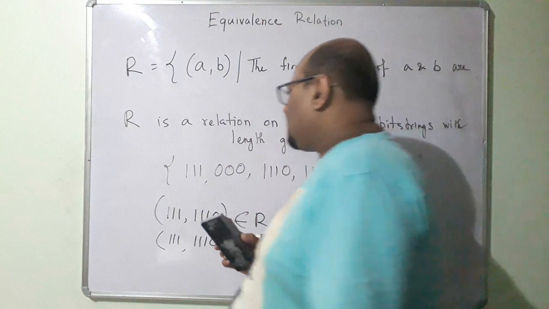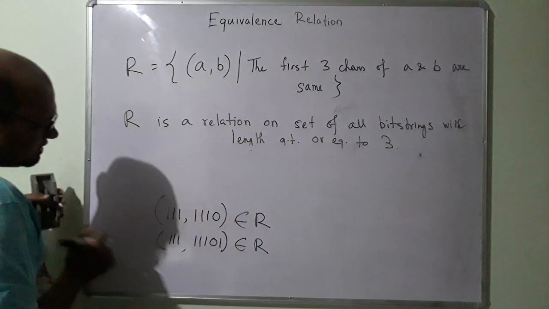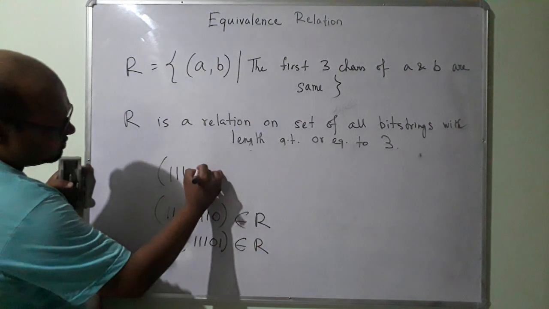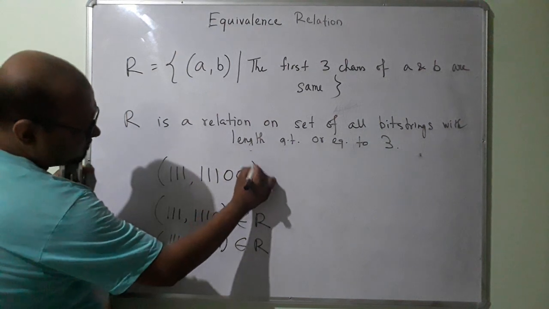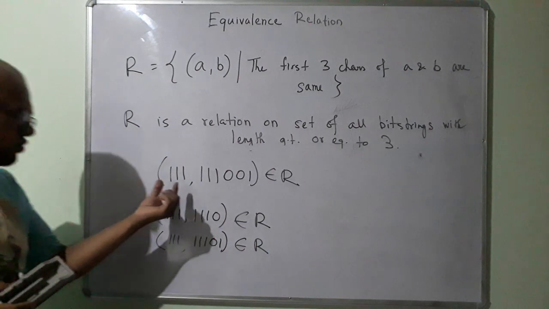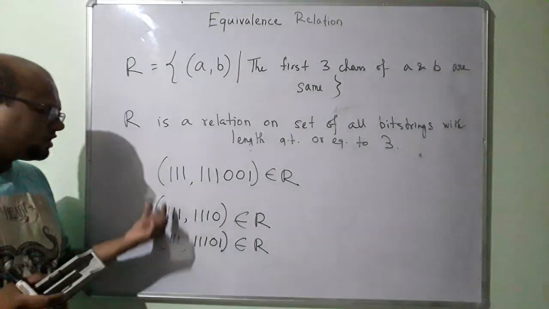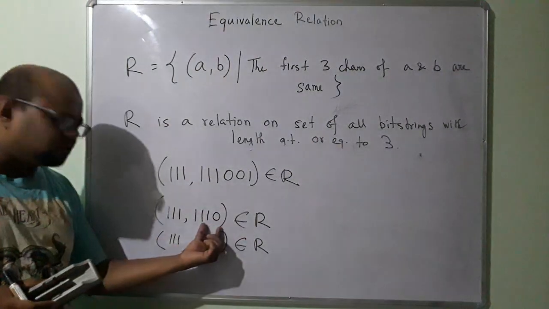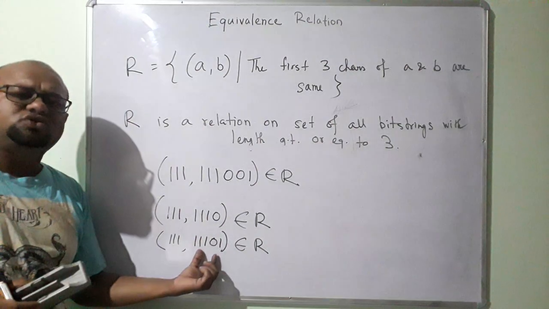And then I will have more things in the relation, say 111, then 111001. This will also belong to the relation. Okay. So we have seen with this 111, we have taken this element 111, and I know this belongs to the relation, and this belongs to the relation.